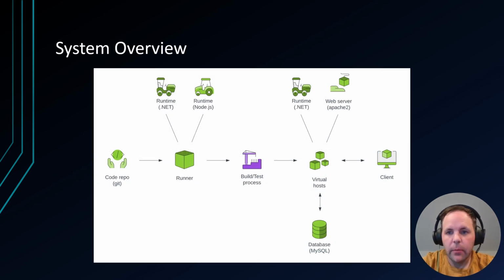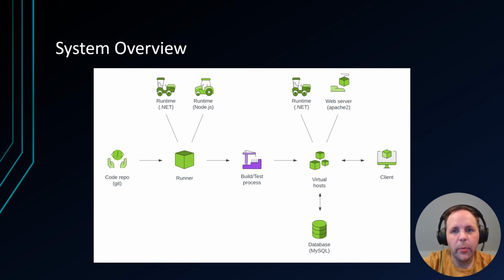So at the outset, it's important to understand the general way the system is set up. The code base is moved by the deployment pipeline onto a runner. The runner has the runtimes it needs, both the .NET runtime for cleaning, building, testing, and it also gets the Node.js runtime installed, so it can also run the process to build the front end.